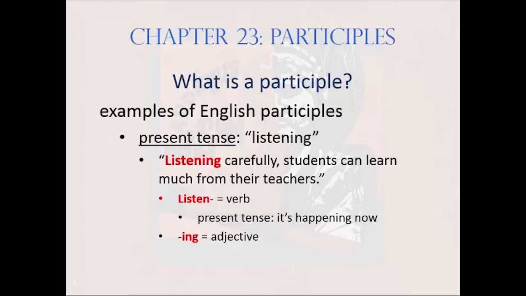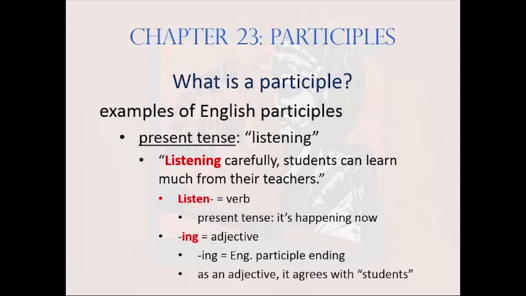While the second part of the participle, ing, is an English participle ending, turns the verb listen into an adjective agreeing with students. In other words, in the same way an adjective like smart or attentive could have been attached to students, listening carefully, smart and attentive students can learn much from their teachers. Listening modifies students. It tells you what kind of students they are.